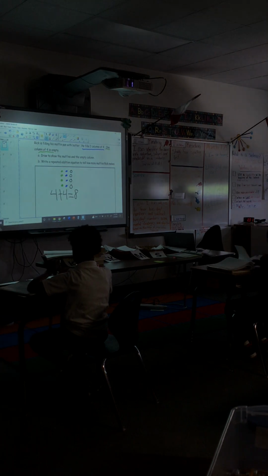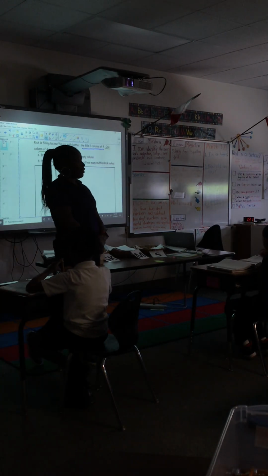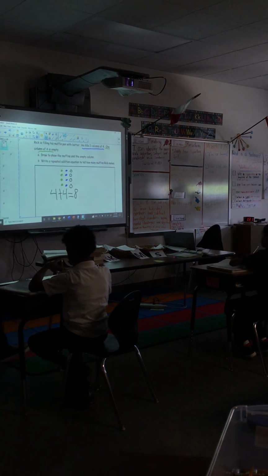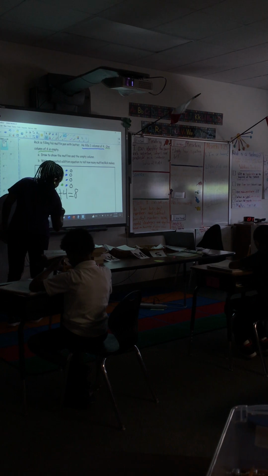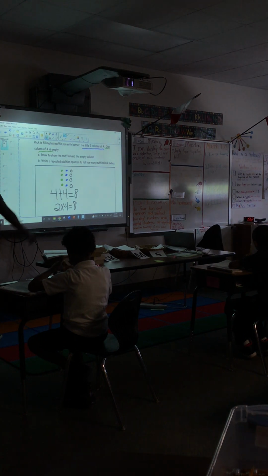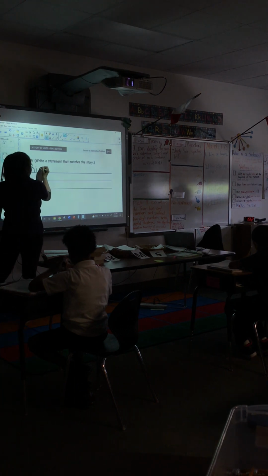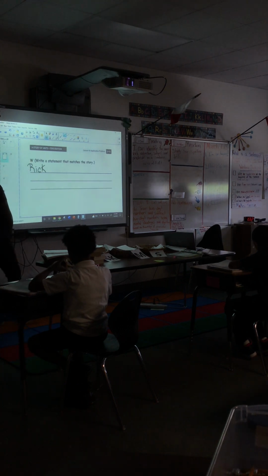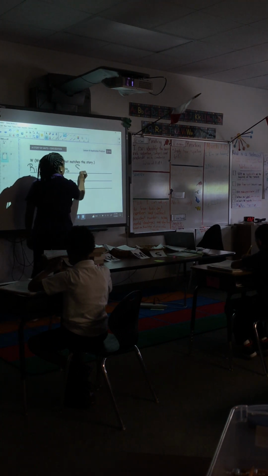Who can tell me what the multiplication sentence would be? 2 times 4. 2 times 4 equals what? 8. So, if you flip the page, what would our sentence be? Rick has how many? 8 muffins.